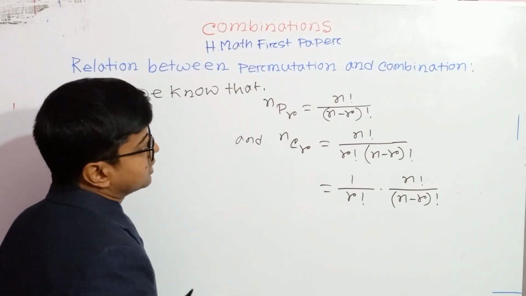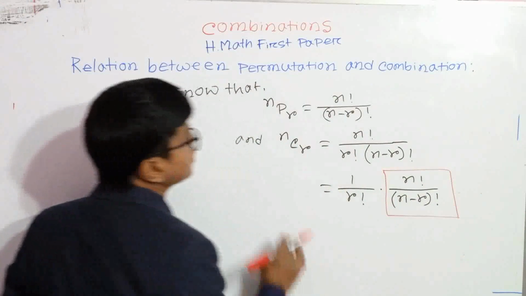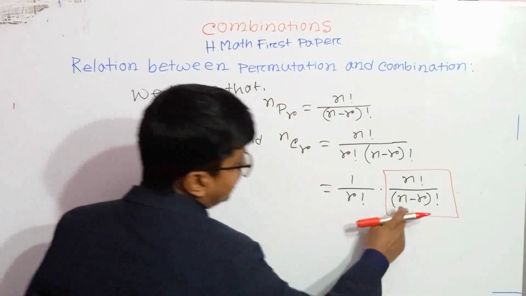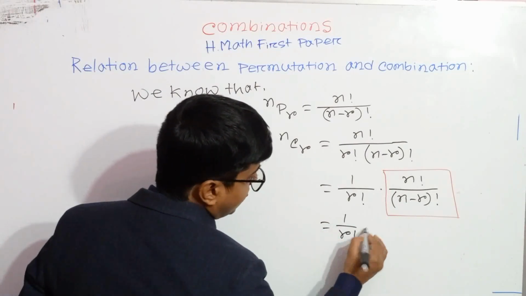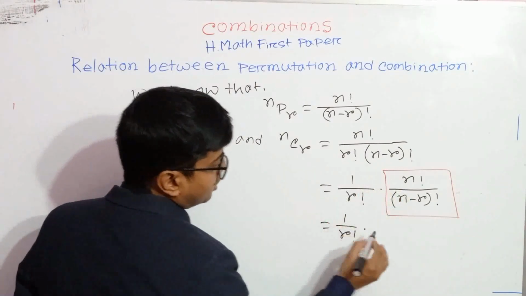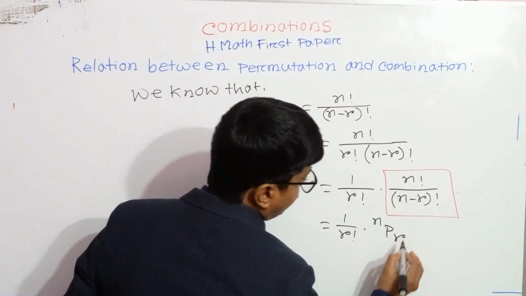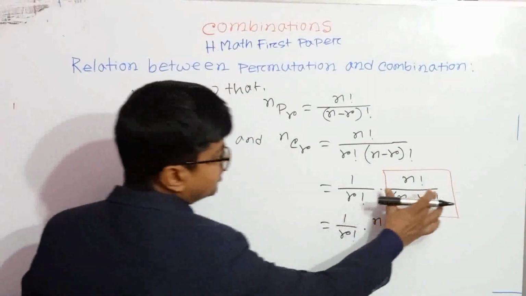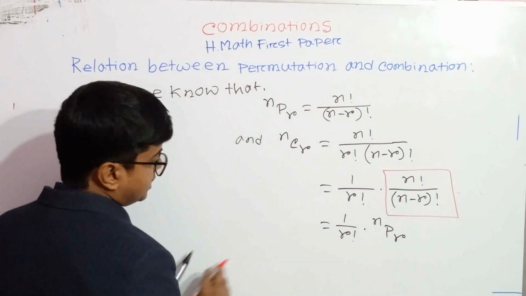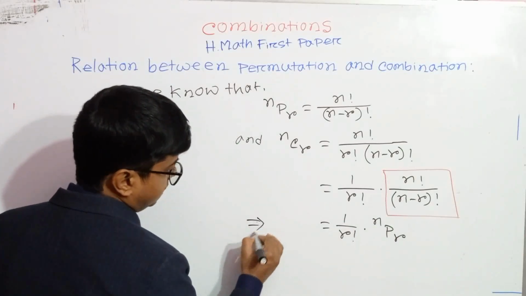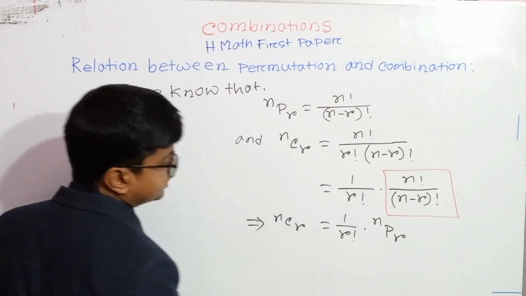Dear students, look at this part for permutation. So here we can write 1 by factorial r into nPr, and here nCr.